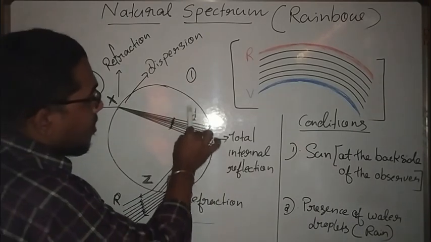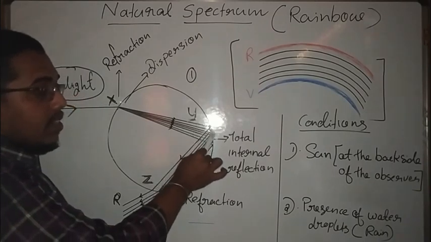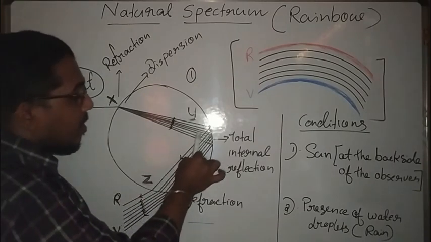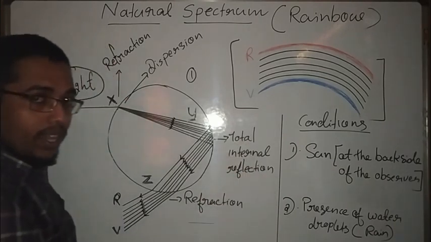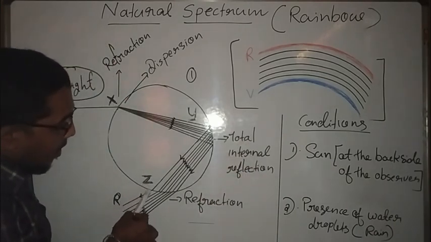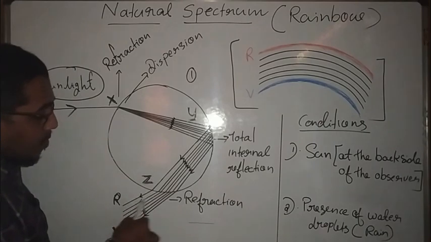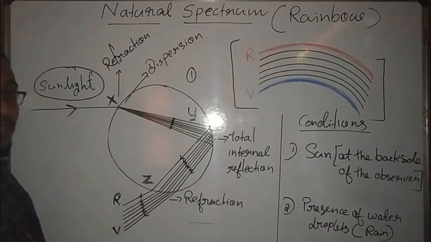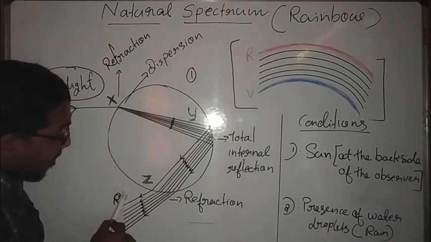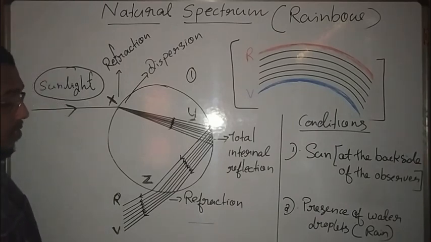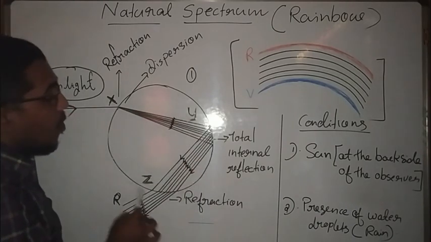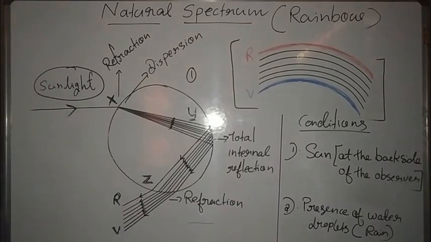At point Y, that spectrum of colors is reflected internally, which is called total internal reflection, and at point Z, the spectrum is refracted out. It is very important that the red color is at the top and the violet color is at the bottom. This is how a rainbow is formed.